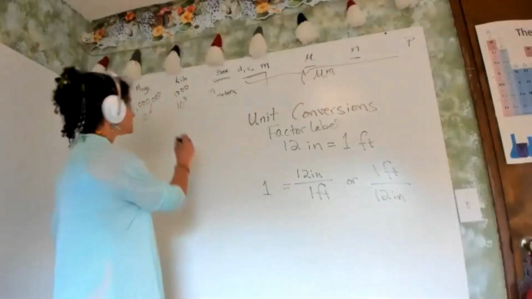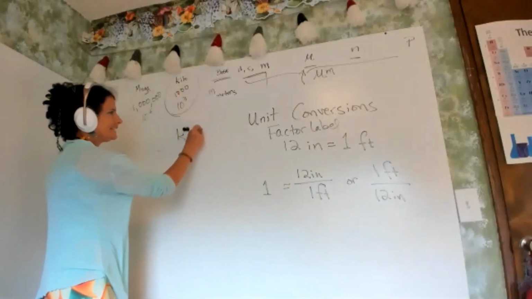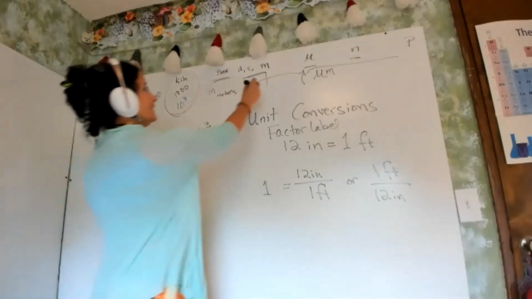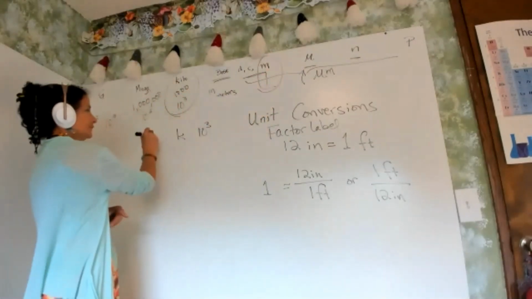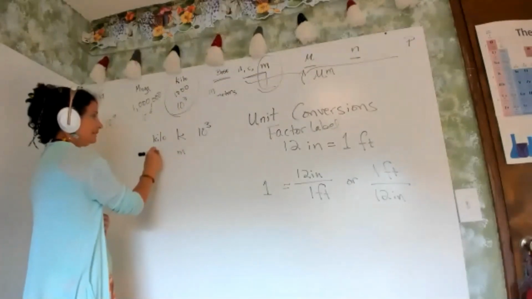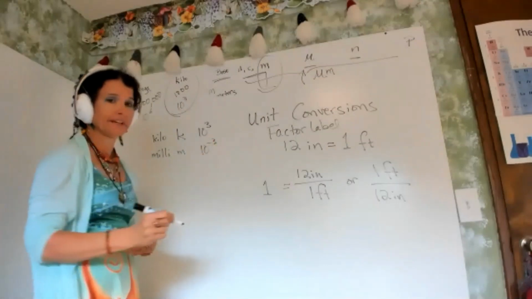How the chart works, let's say we're doing kilo. So it will say K is 10 to the third. And then you have M. So K is kilo, and little m is milli. And milli is 10 to the negative 3.